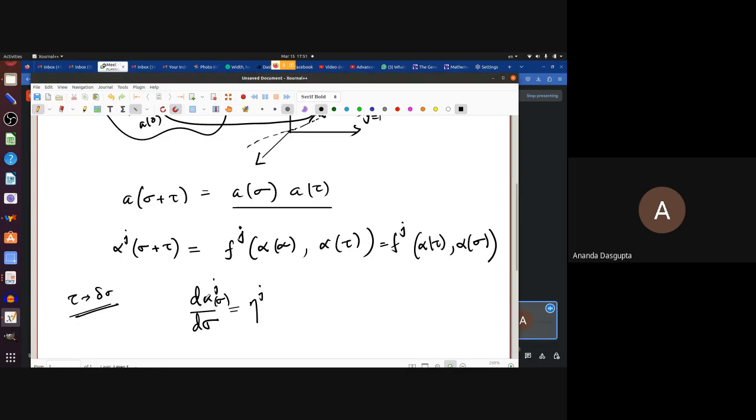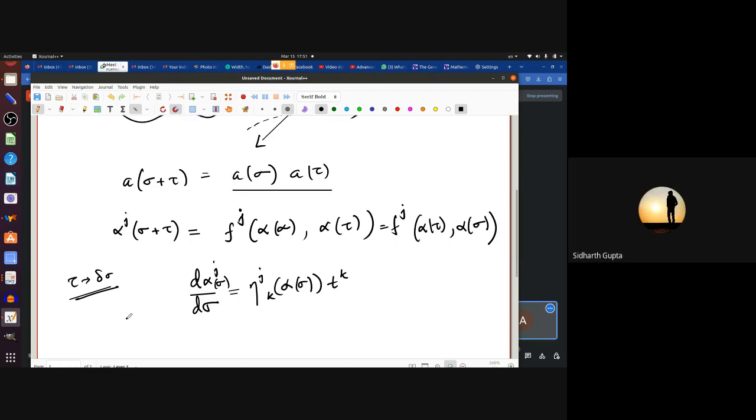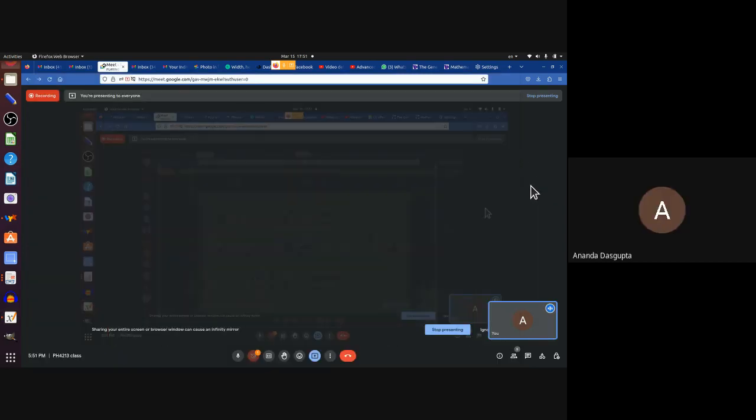Okay, so the equation that we talked about was, if here you put tau equal to delta sigma, you would end up with this equation. You're not audible. You can't hear me at all? We lost you in the middle when you were explaining just now. If you were speaking something like 15 seconds ago, you weren't audible.